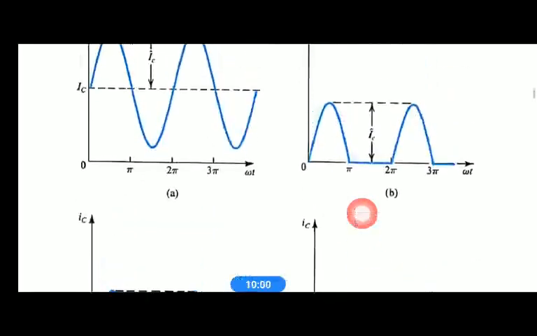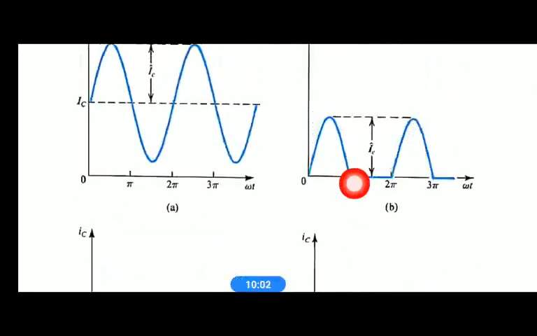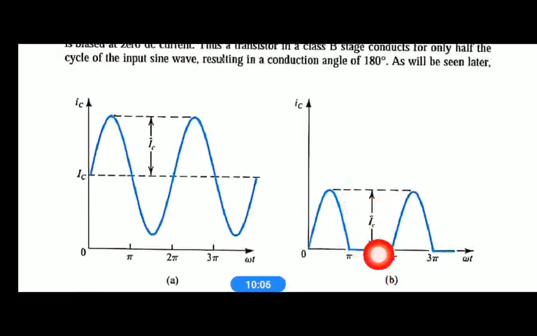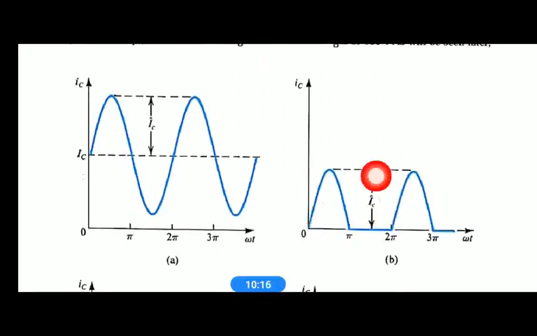Similarly, to get a full cycle in class B amplifier, we use one more class B amplifier which conducts for the negative half cycle. One class B amplifier conducts for the positive half cycle, another conducts for the negative half cycle. Therefore we require two class B amplifiers to conduct the whole cycle to get a proper shape.